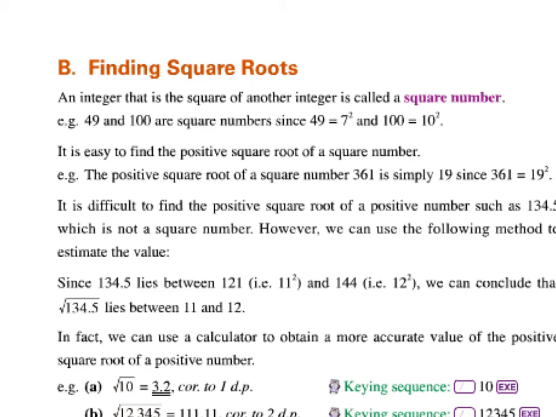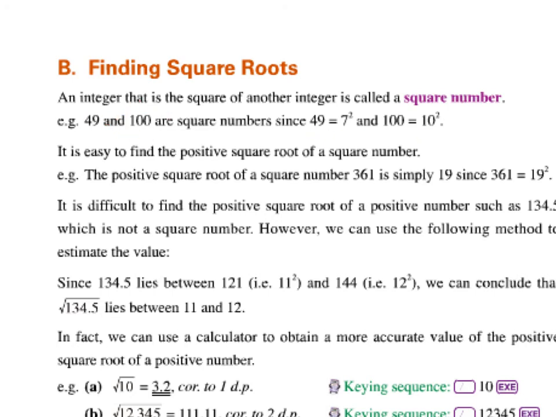And the last part is about finding square roots. I would like to tell you a term called square number. What does square number mean? A square number means this number comes from another number squared. For example, 49 and 100 are square numbers.